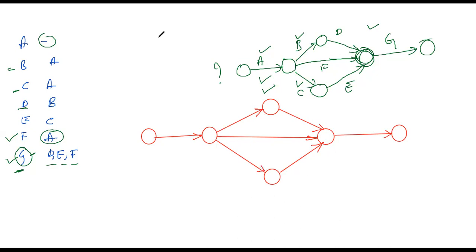So we completed the network. So let me name the activities. This is activity A. This is B. This is C. This is F. This is D, E, and G. Right. So let me erase this.